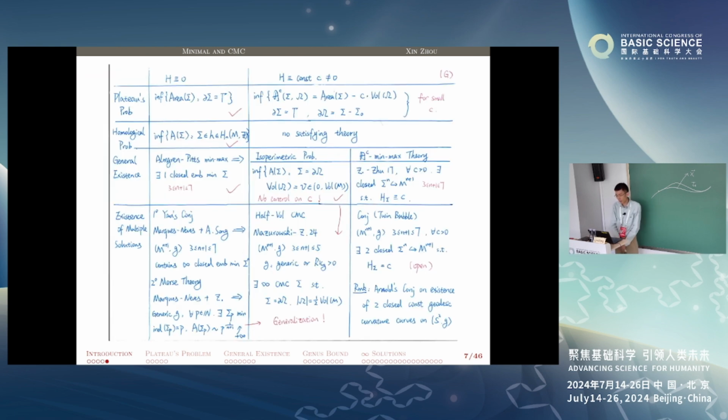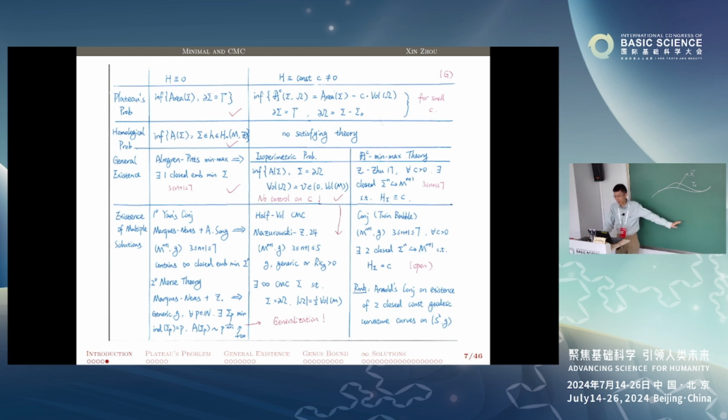In this talk, I will try to explain a lot of connections. I'll put this photo again at the end. I'll try to bring in connections between the two problems under several different categories: the very early Plateau problem, the homological minimizing problem, the general existence problem, existence of multiple solutions, and existence of solutions with bounded topology.